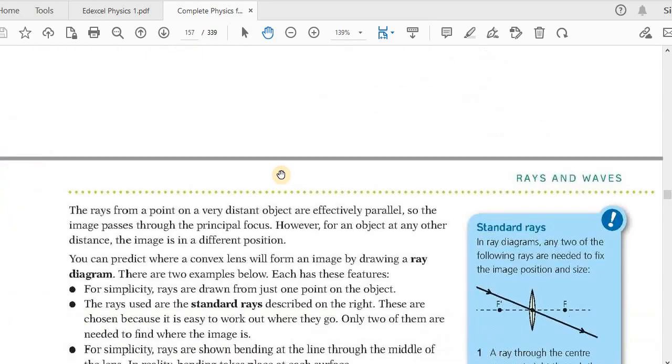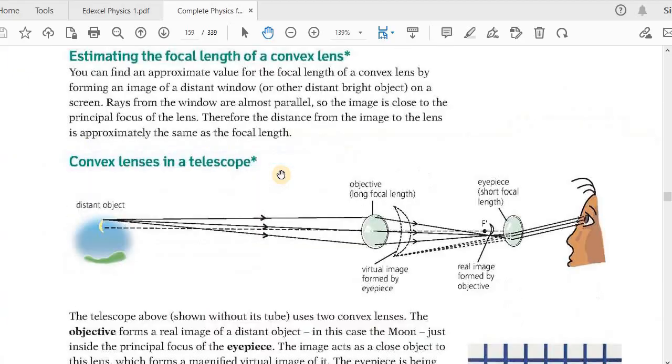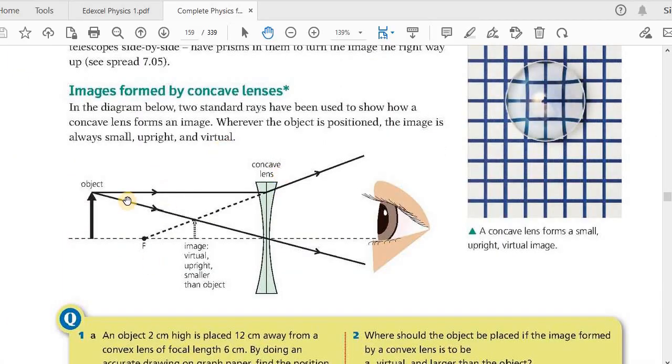By the way, let me show you from this book the virtual image that is formed by a concave lens. It's here. You see the same kind of picture is here as well. This is the object. You draw a ray parallel to the principal axis. This dashed line which is passing through the center of the lens is the principal axis. So you draw this, then it diverges. Now you extend this backwards.